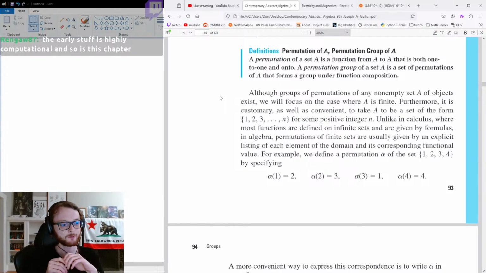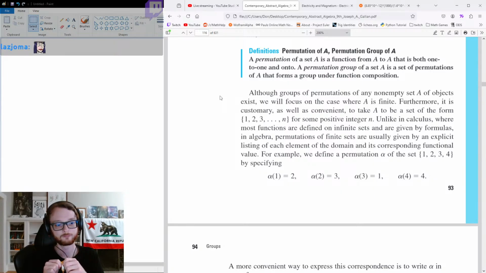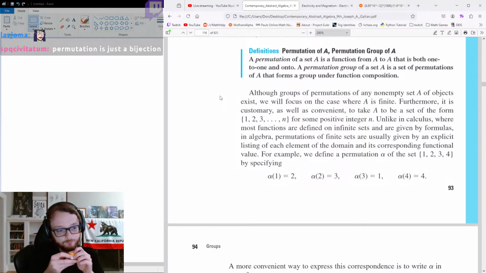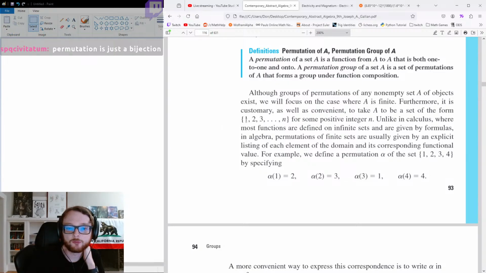How do you permute infinitely many things? I guess you can switch the pattern around. It's not highly computational, and so is this chapter? Okay. And you're taking the set A to be the integers from 1 to n.